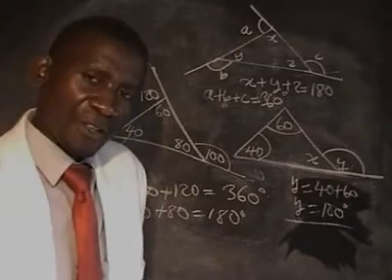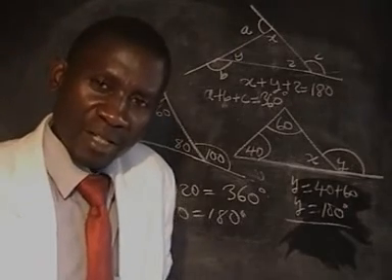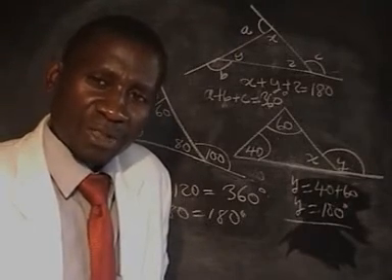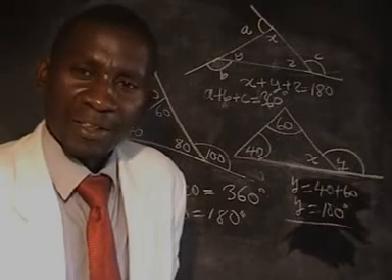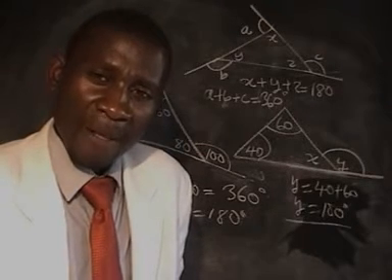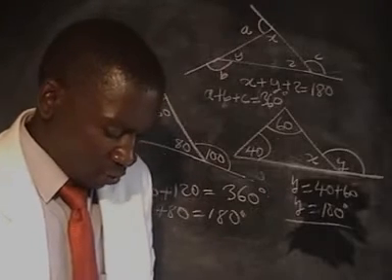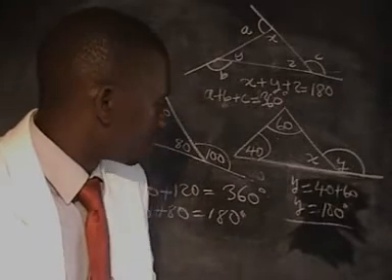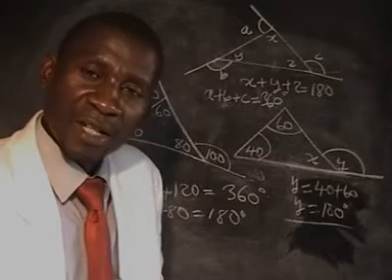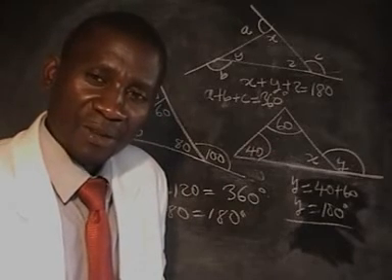These facts are very important and they must be taken into consideration. When solving triangles, these are some of the tricks which you normally apply. Failure to keep this information in mind makes it difficult to work out a triangle where angles are concerned.